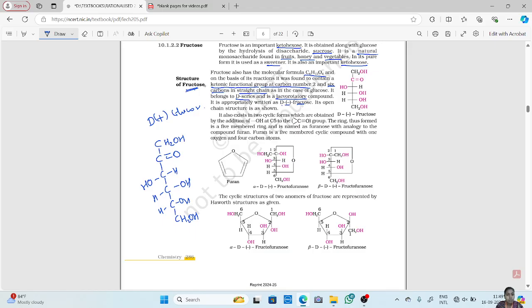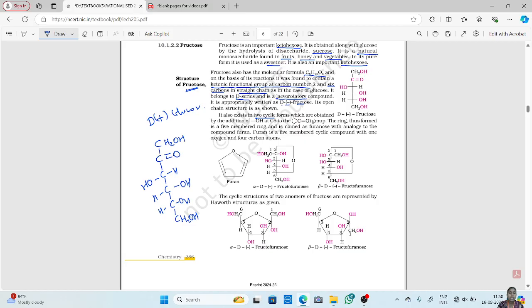Now it also exists in 2 cyclic forms, which are obtained from D minus fructose by the addition of the OH at C5 to the ketonic group. Just like glucose, fructose also has 2 cyclic forms.